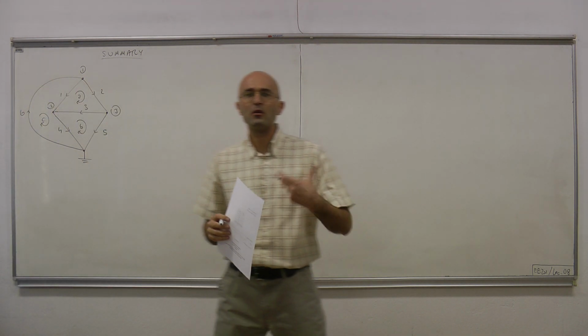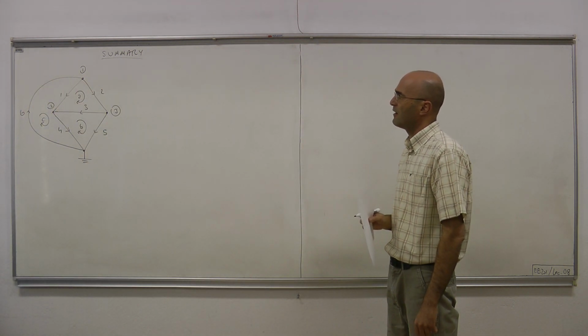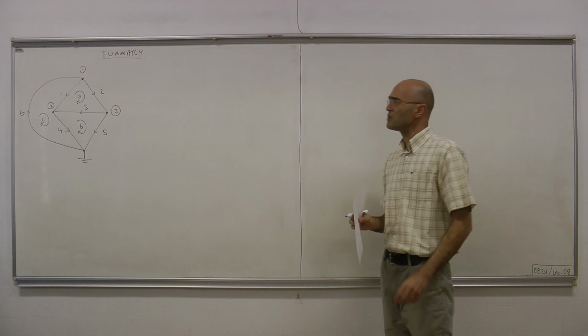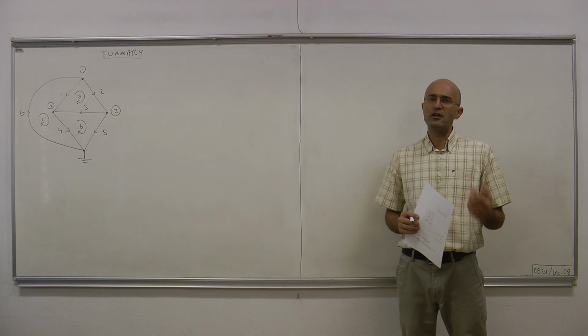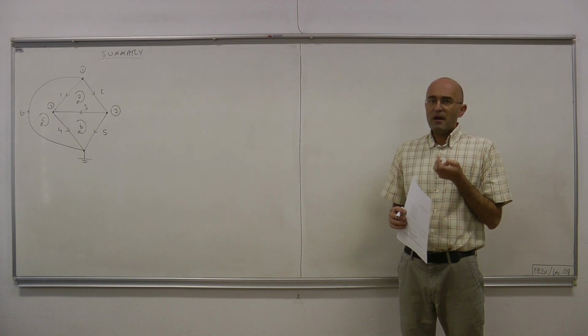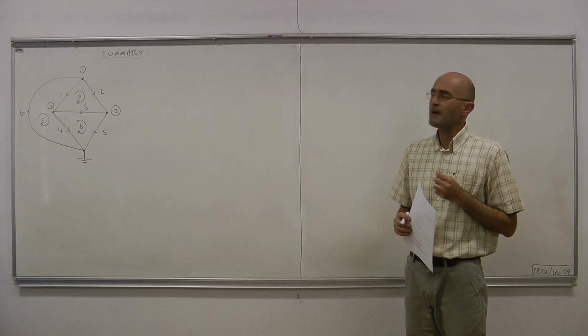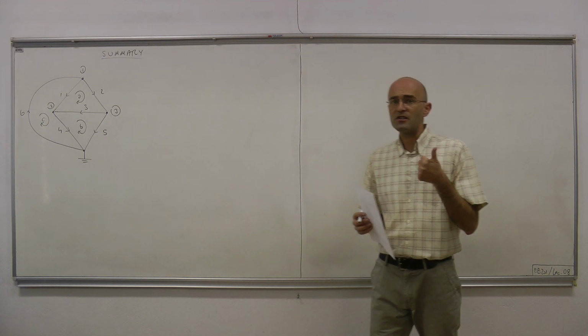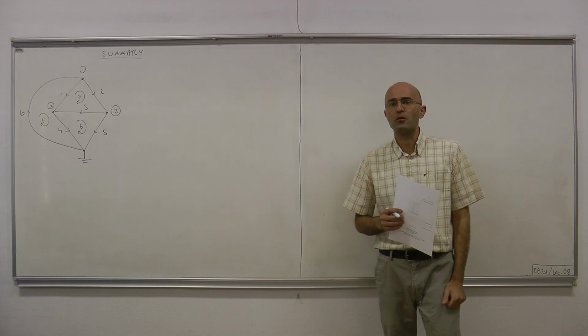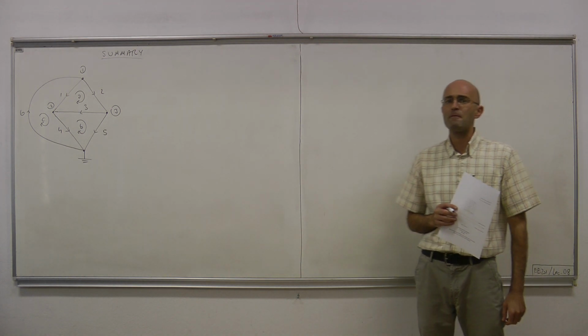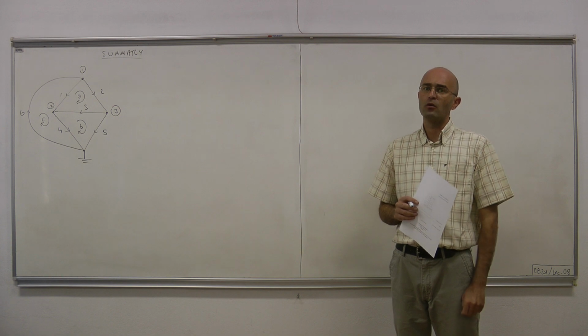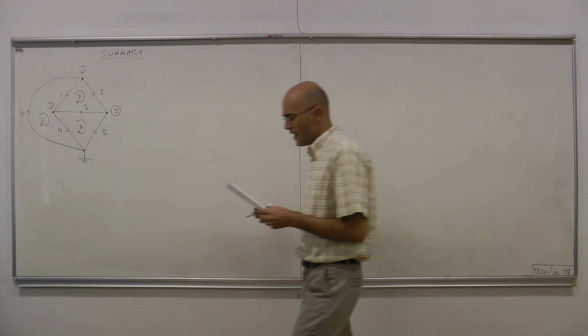And then when we write the equations KCL and KVL using nodes and meshes, some matrices appeared. Those matrices were the reduced incidence matrix, which appeared when we wrote the KCL equations, and the mesh matrix when we wrote the KVL equations.